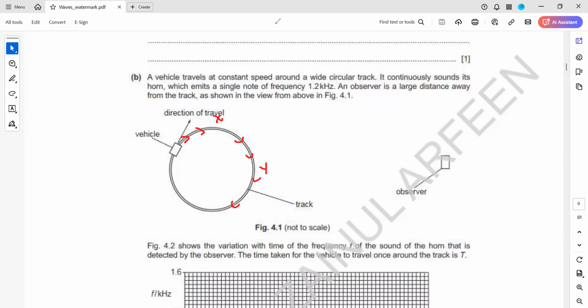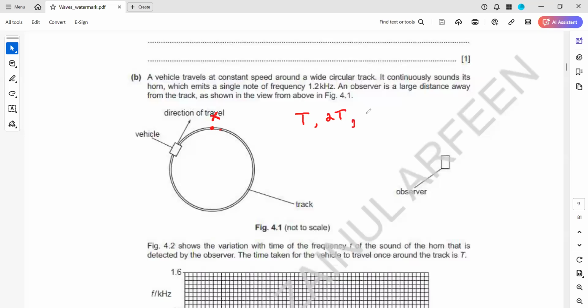If this was X, after completing another cycle, it will be at this position X. Then after completing another cycle, it will be X as well. It cannot be another position. If you see the question, at time t, we mark the position X here. Then at time 2t, it will be again at X because after completing another cycle, it will be at X again.